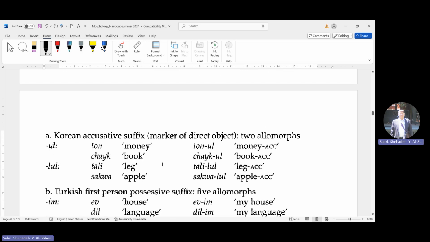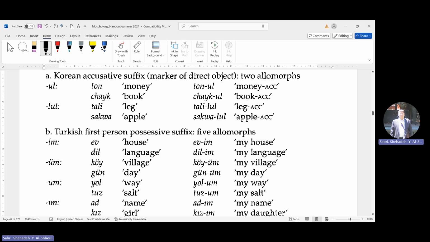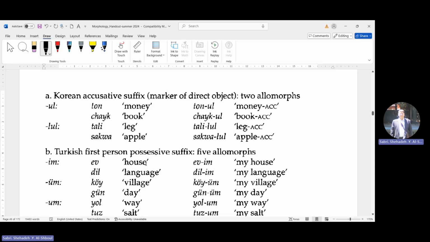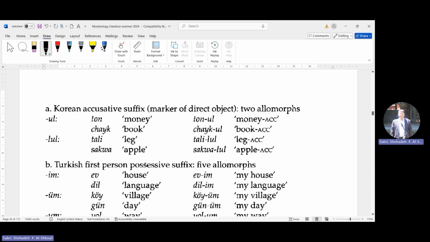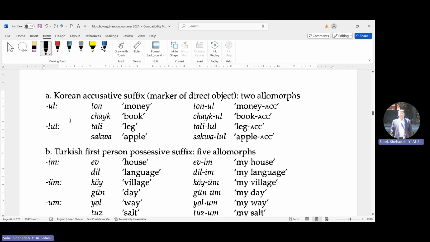Okay, now let's move to some practice on Turkish, right? Before Turkish, let's do some Korean accusative suffixes, which are the markers of the direct objects. So here we have ton, money, chaik, book, tali, leg, sakwa, apple.